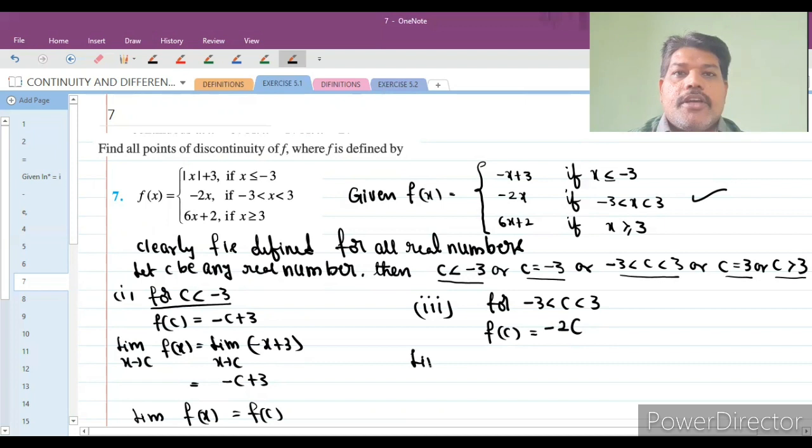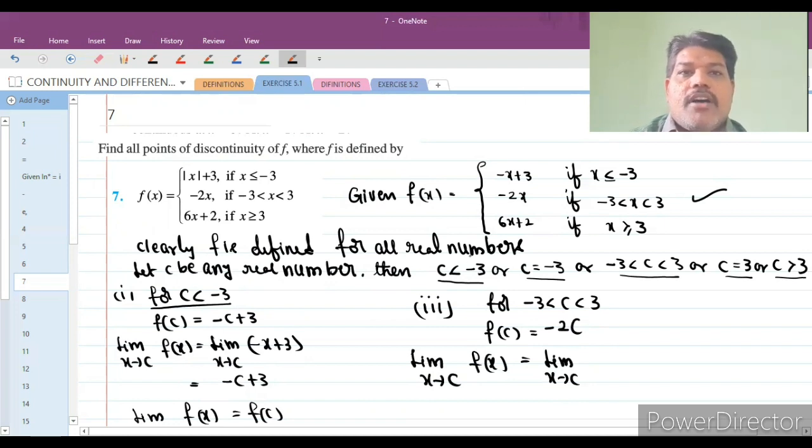And the limit as x tends to c of f(x) will become -2x, because the c value lies in between -3 and 3. So if we apply the limit, it will become -2c.